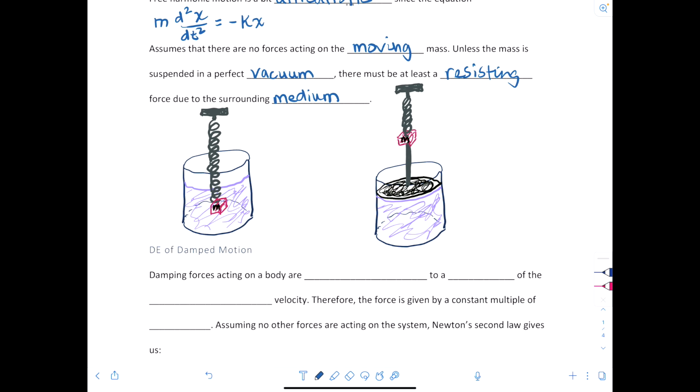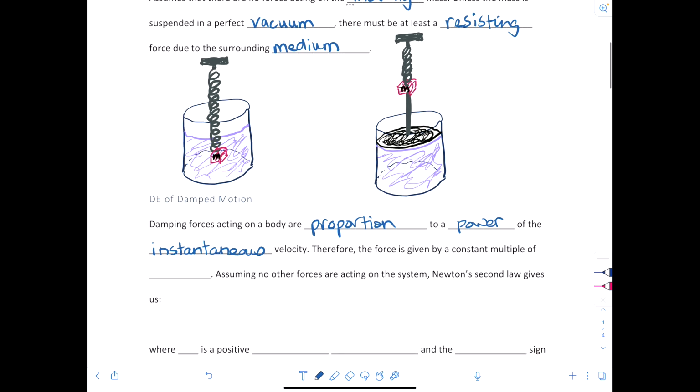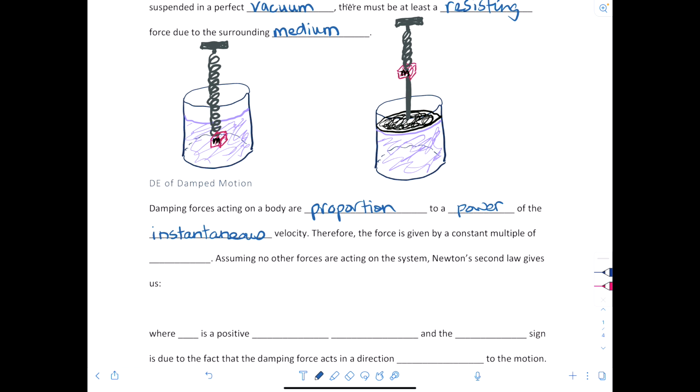Damping forces acting on a body are proportional to a power of the instantaneous velocity. Therefore, the force is given by a constant multiple of dx/dt, the first derivative of x with respect to t.